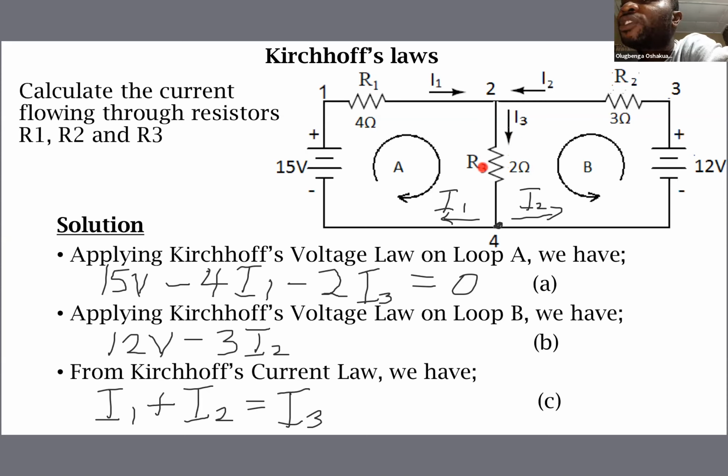And since R3 is 2 ohms, then a voltage drop of 2 I3 will drop. Since the direction of travel agrees with the flow of I3, then we'll still come to say minus 2 I3. And that is equal to 0.